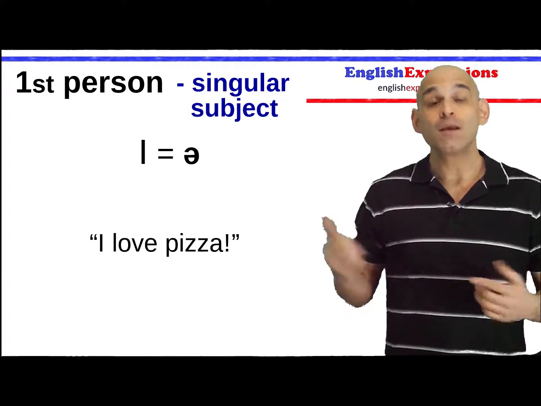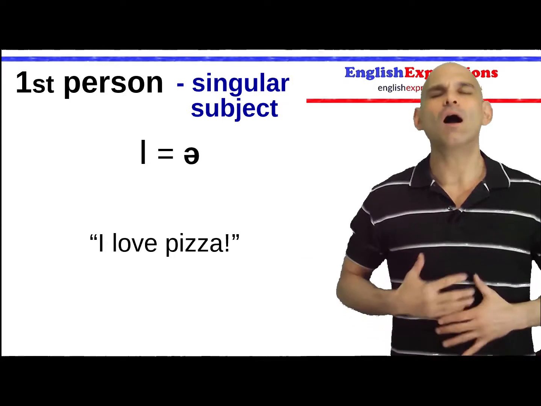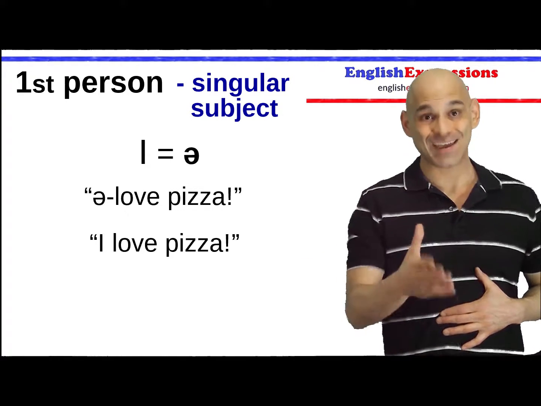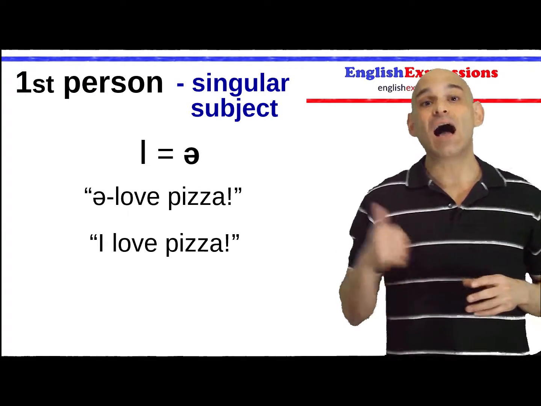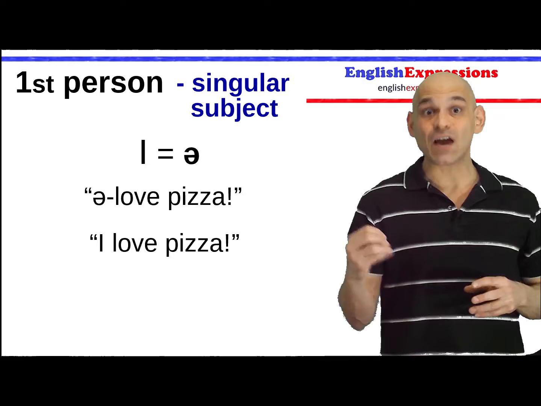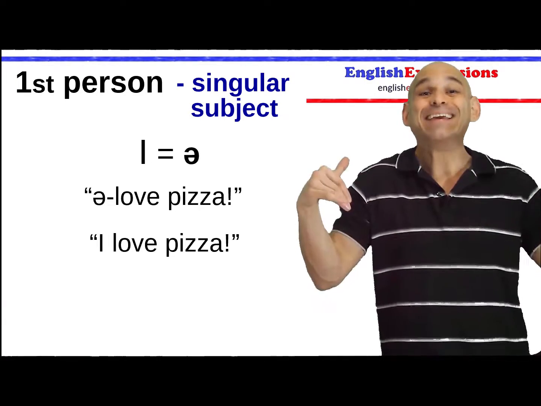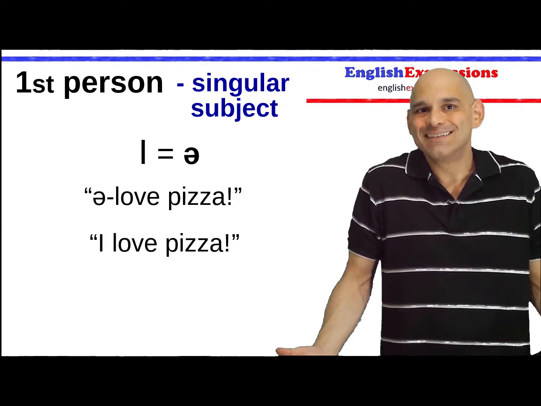Now this is good English, but sometimes a native English speaker might say, I love pizza. So they won't say I, you see? The long I sound is a diphthong. That means there's two vowel sounds. It takes a long time. We just say, I love pizza.